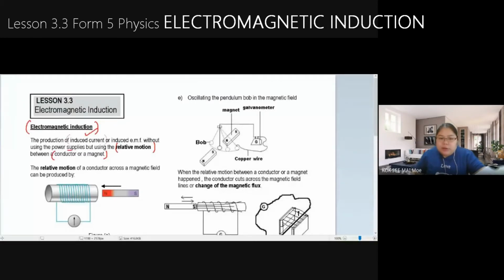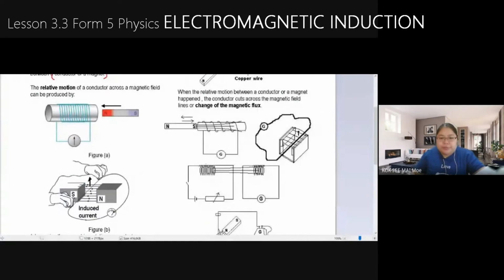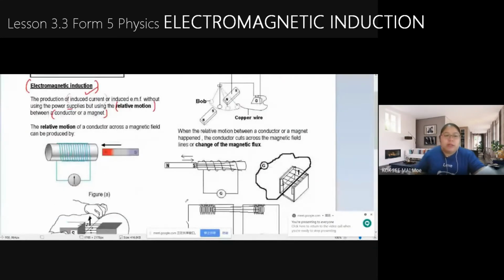Okay, then we continue. We have two situations. Relative motion of the conductor across a magnetic field can be produced by the following. Let's see the first situation. Now it's a solenoid, which we call the conductor. The conductor is stationary, coiled by the wire.